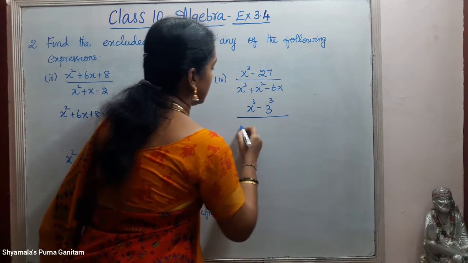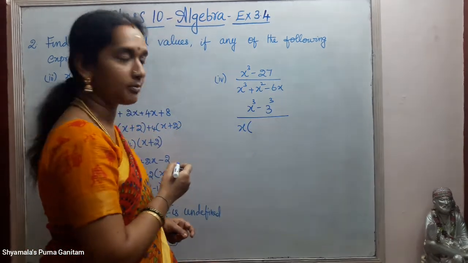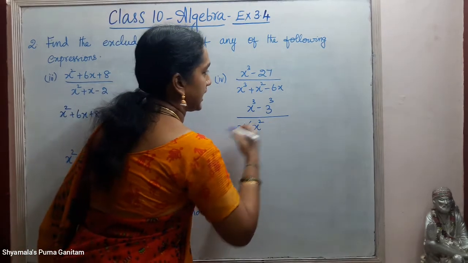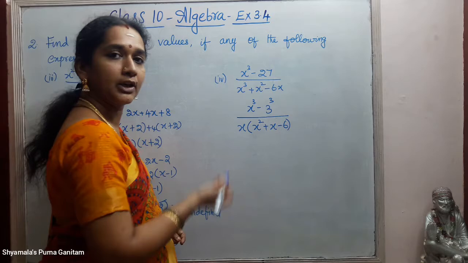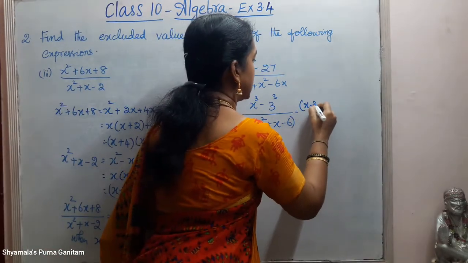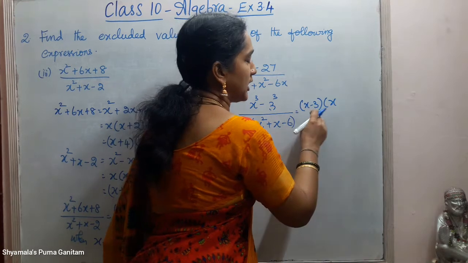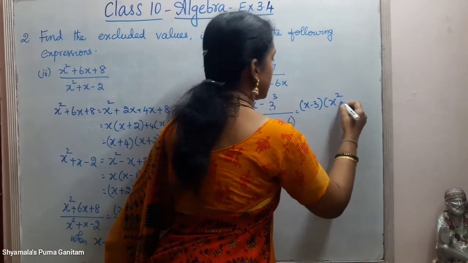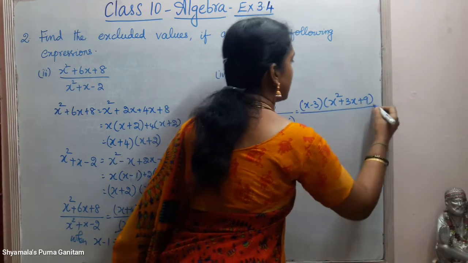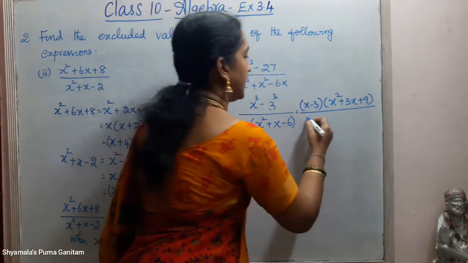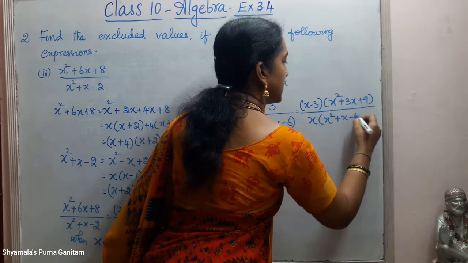In the denominator, I am taking x as common in all the terms, so the remaining is x squared plus x minus 6. So x minus 3 into a squared plus ab plus b squared is for the numerator. The denominator is x into x squared plus x minus 6.